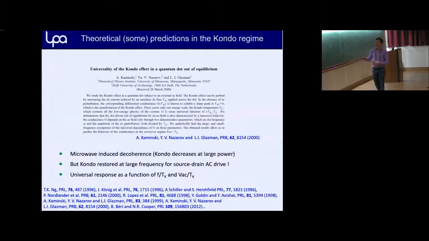There is one counterintuitive prediction, which we're going to study experimentally: the larger the frequency of the AC drive, the higher the Kondo resonance will be. So you have a lower effect at high frequency for a given amplitude of excitation, which is counterintuitive because one would expect that the higher the energy of the photon, the higher the effect on the Kondo cloud will be.